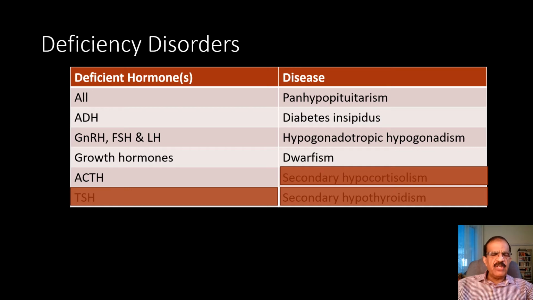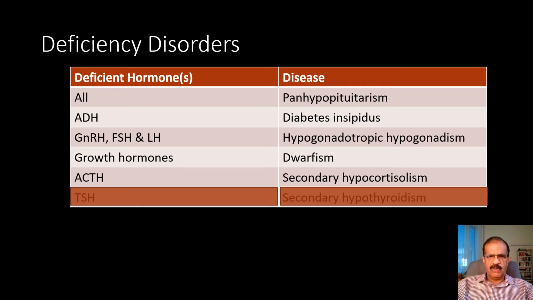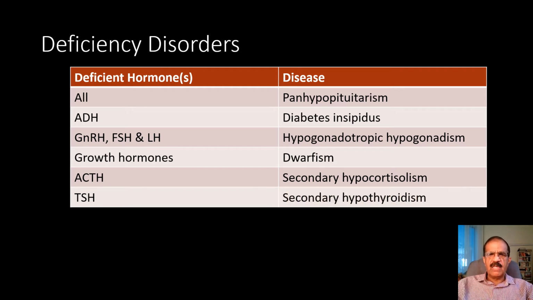Then if ACTH is deficient, the resultant condition will be called secondary hypocortisolism. Secondary referring to the fact that the problem is not in the adrenal gland, the problem is in the pituitary gland. Then finally, TSH may be deficient, and if TSH is deficient, then it would result in secondary hypothyroidism.